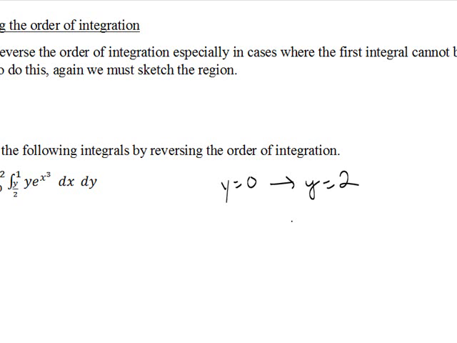And the innermost limit says that x equals y over 2 to x equals 1. Now, x equals y over 2 is the same thing as y equals 2x, yeah? So don't get confused with that. Good. Now, if you notice, this was horizontally simple, right?